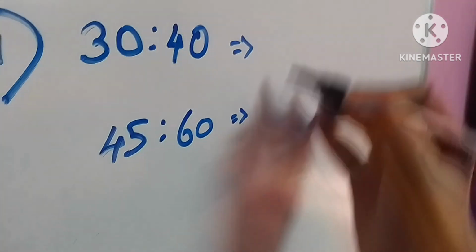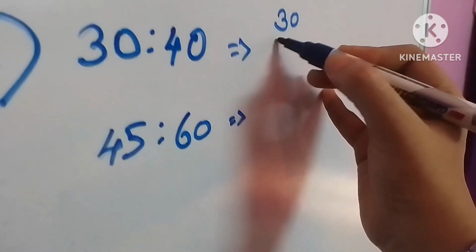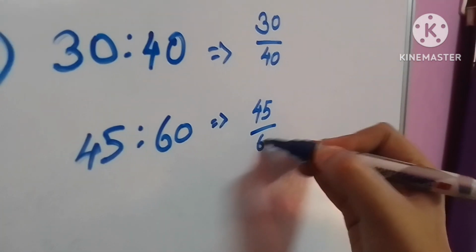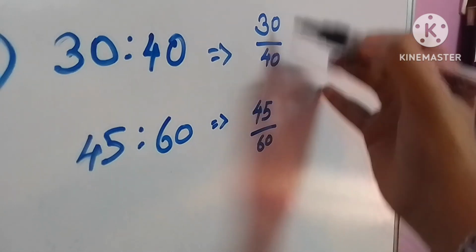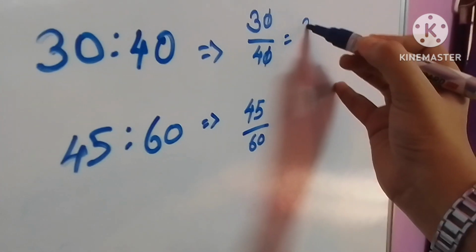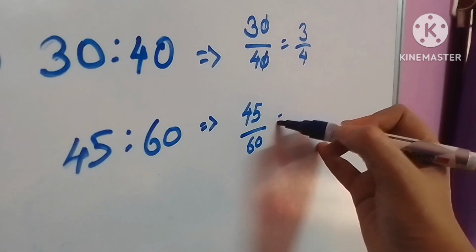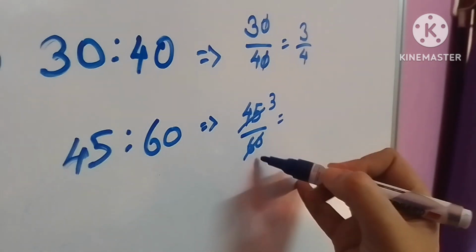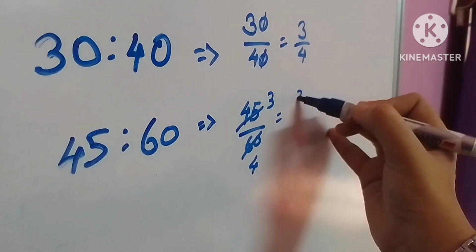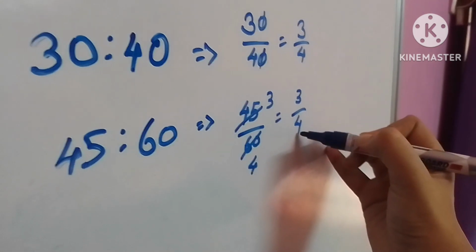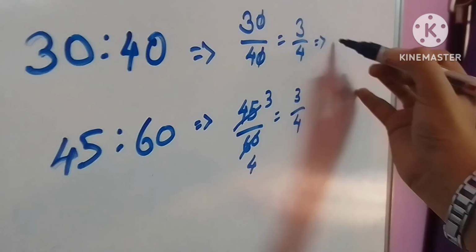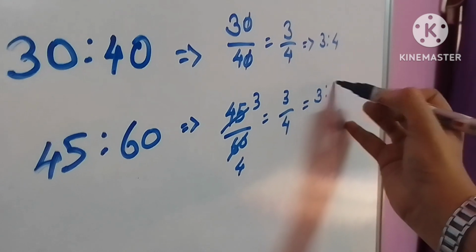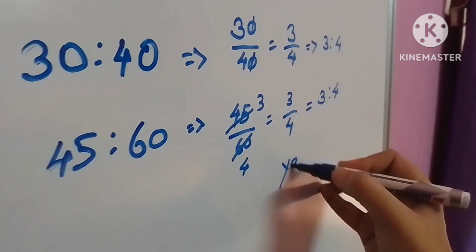To find the solution of this problem, we write these two ratios as fractions, 30 by 40 and 45 by 60, and find the lowest terms by cancellation. We will get that the lowest terms of these two fractions are the same. In both cases we got the same ratio 3:4, so yes, they are in proportion.